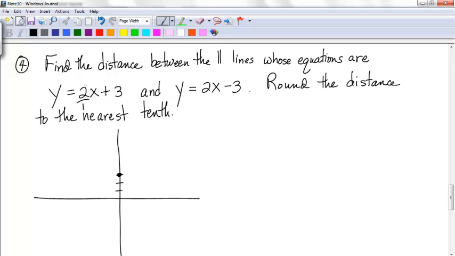That's rise over run, so you go up 2 and to the right 1, or you go to the left 1 and down 2. So you should end up with a line. Anything with a positive slope should tilt that way. I would label it: this one is y equals 2x plus 3.